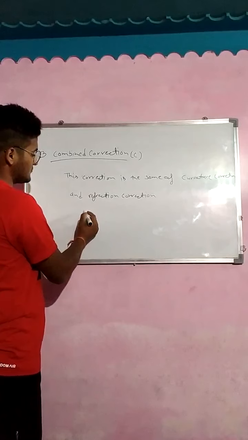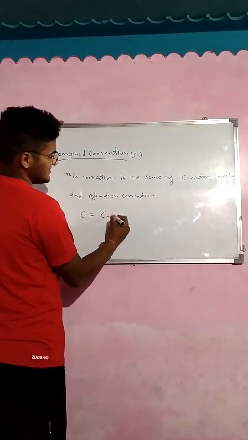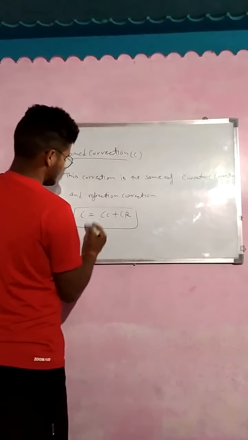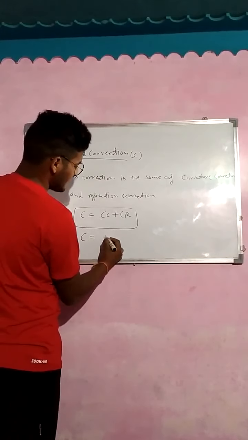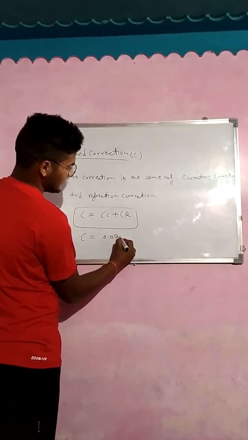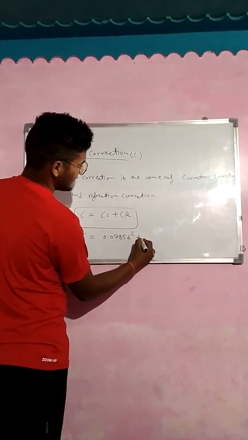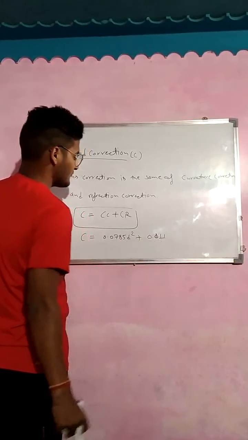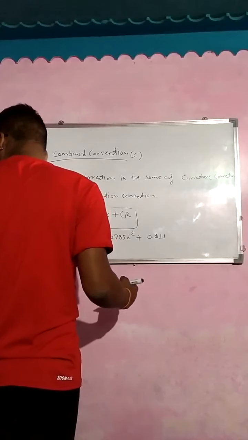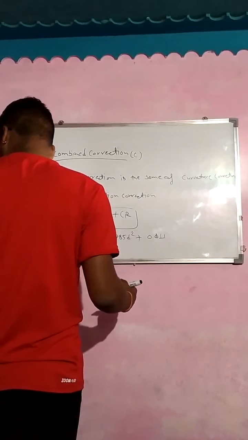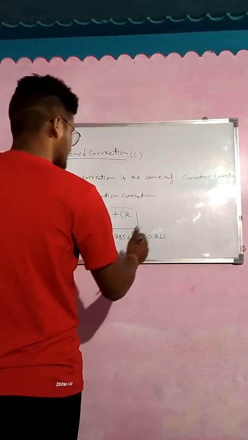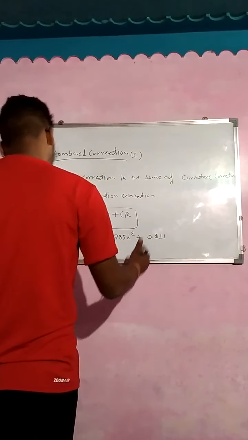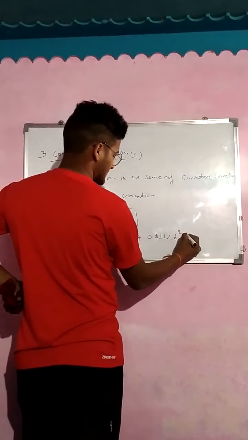C equals CC plus CR. The value of CC is 0.0785 d square, and the value of CR is 0.011 d square.